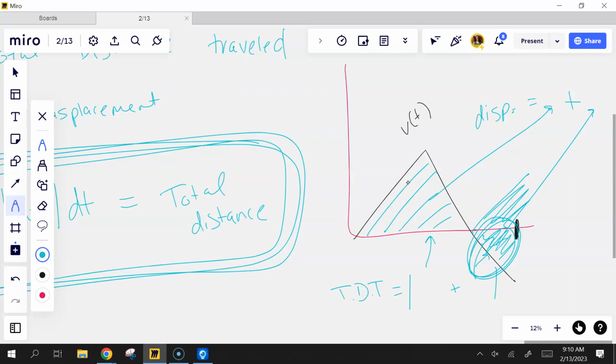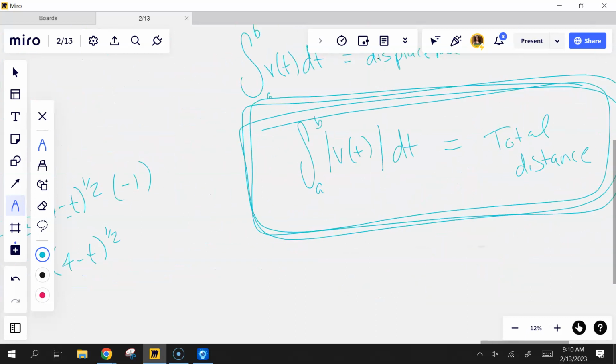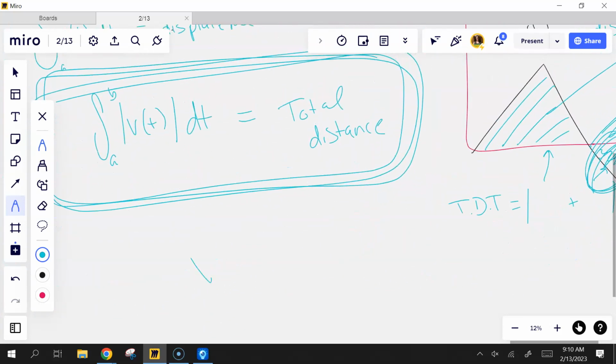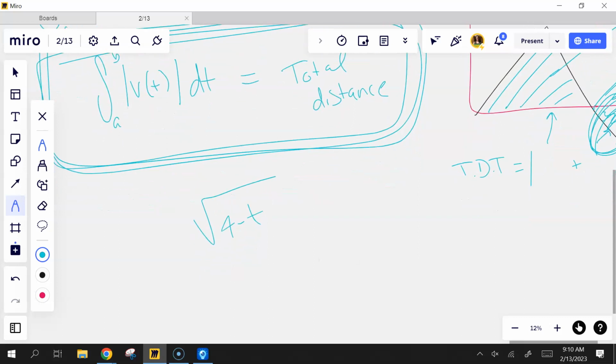Okay. So if you think about it, though, Abby made a good point with this one because we know this was the square root of 4 minus t. And if you know what the square root graph looks like, well, actually we already did the sign analysis from 0 to 4.